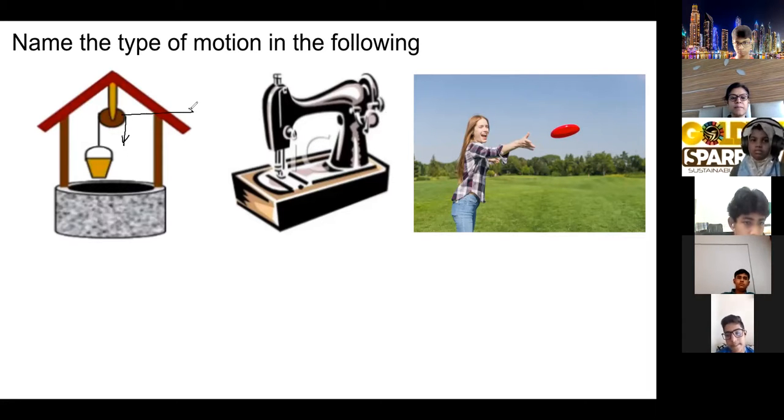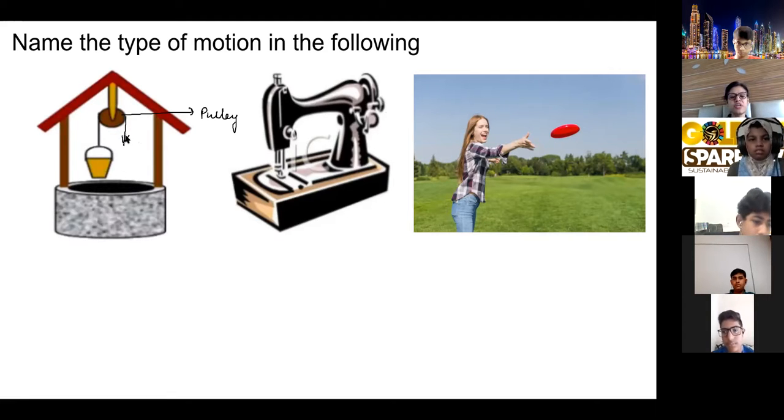This is a well, okay? Have you seen people pulling out water from a well in movies and all? Just use logic.